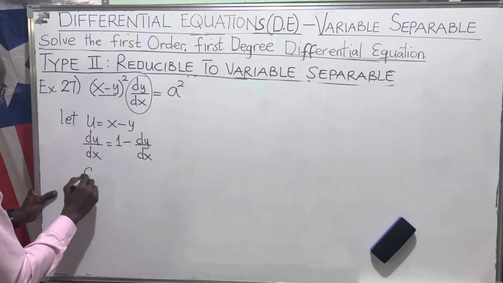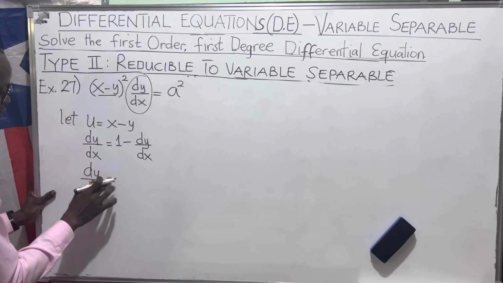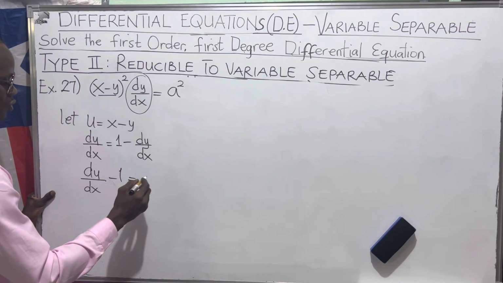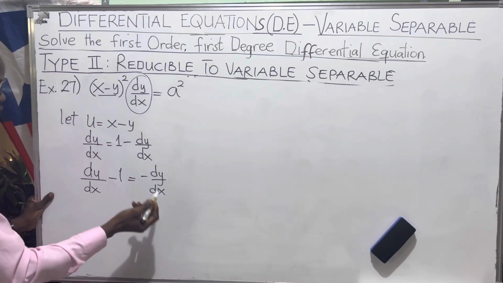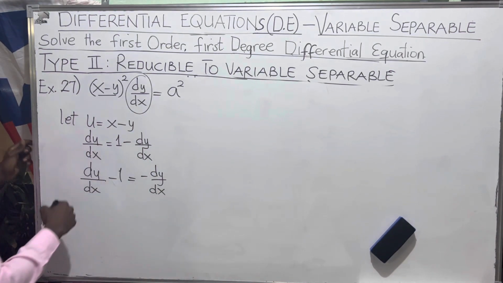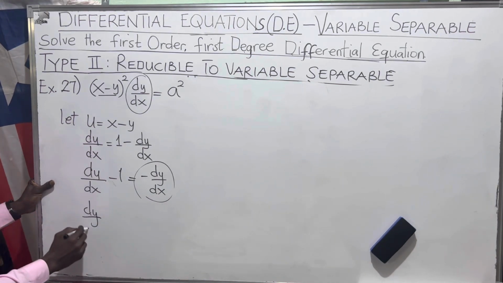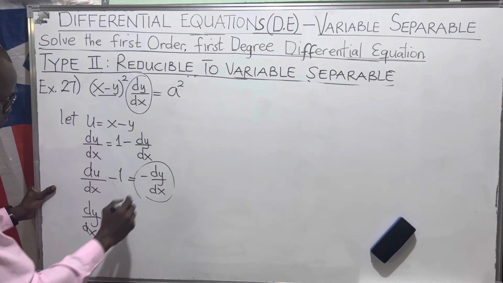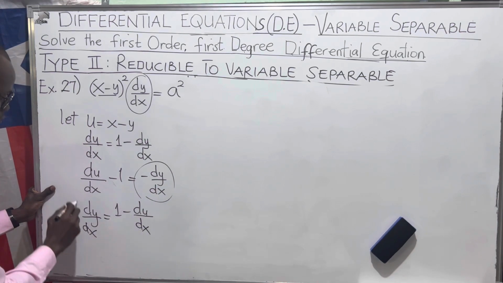To solve for dy by dx, we have du over dx minus 1 equals minus dy by dx. So we can just send this across to be positive dy by dx, equal to 1 minus du by dx.